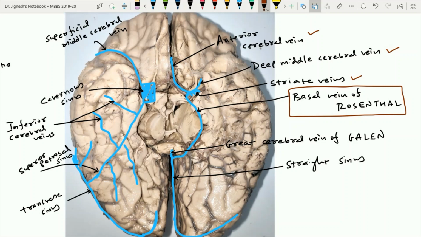And this anterior cerebral vein is the only vein which actually corresponds with the name of its artery. Along with the three formative tributaries of the basal vein of Rosenthal, it also has a few tributaries from the optic tract and the optic chiasma, from the cerebral peduncle, from the uncus as well as the parahippocampal area, and from the interpeduncular area.